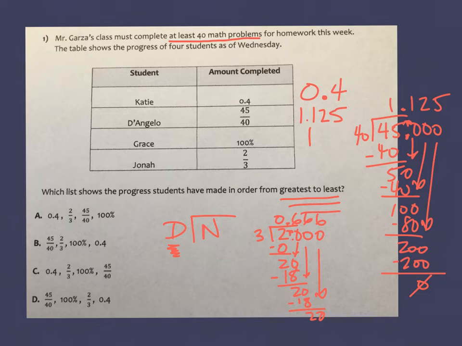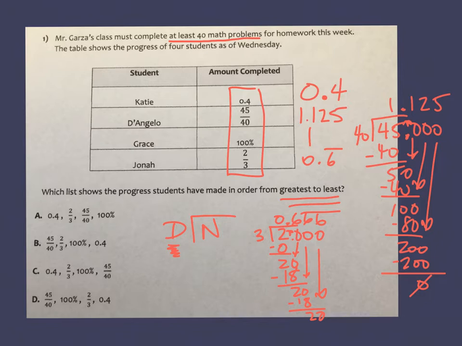Wait a second. Do you see what's going on here? The 6 will continuously repeat. We have a repeating decimal. So 0.6 repeating.